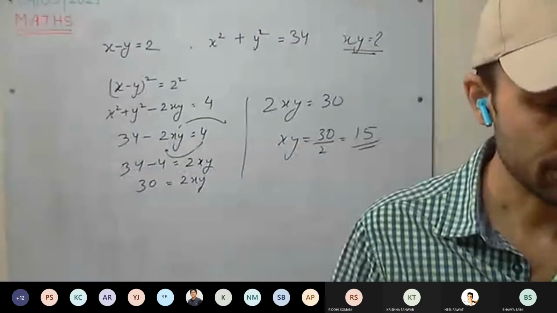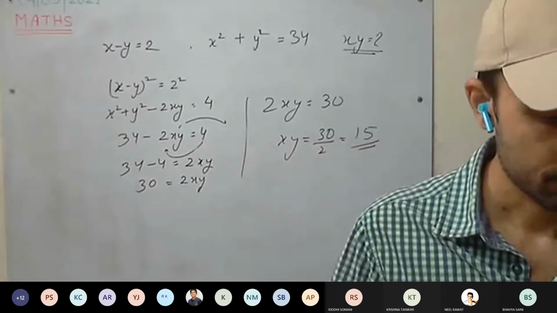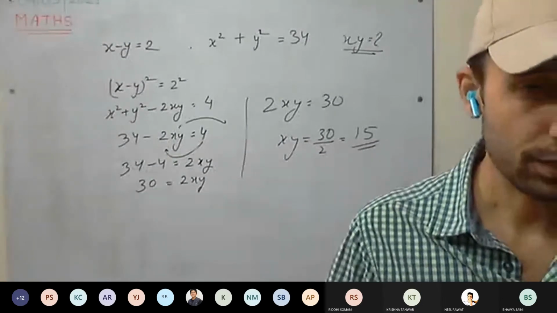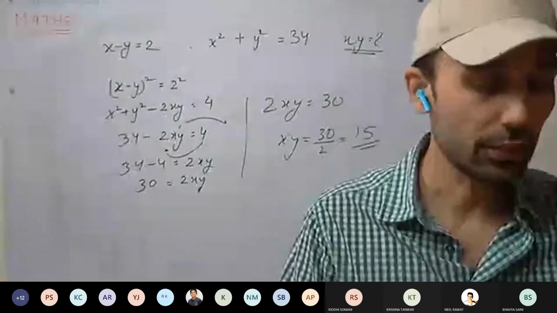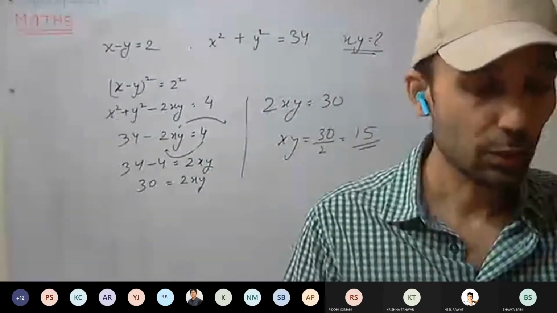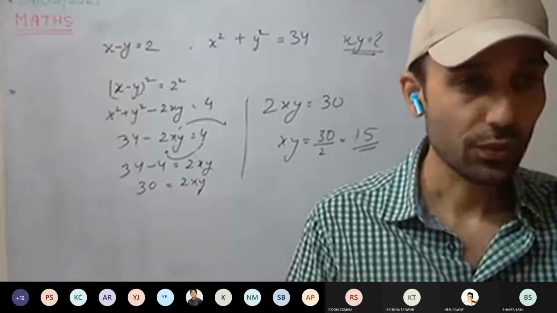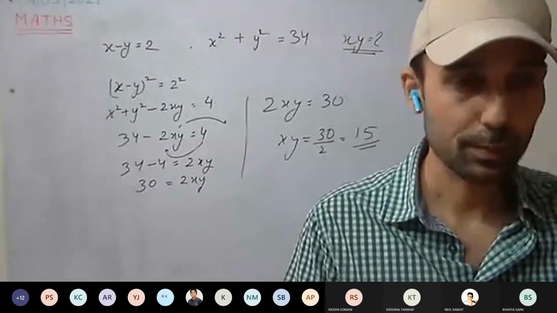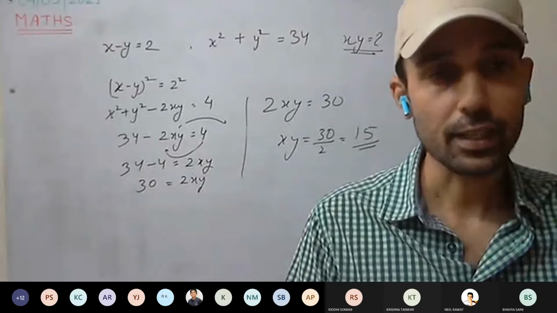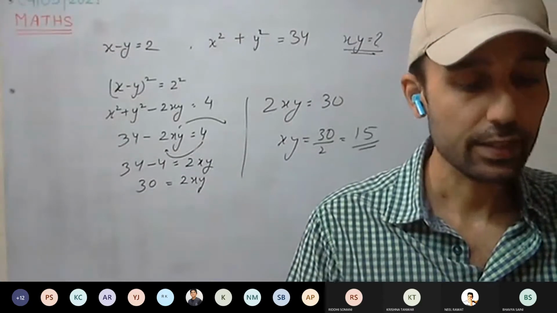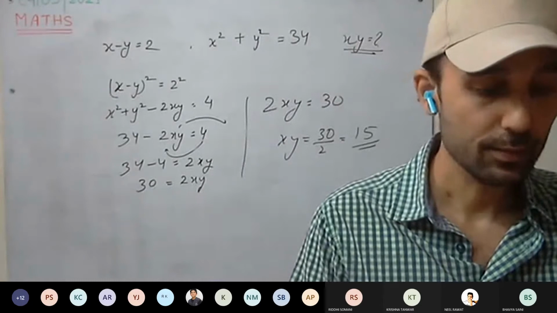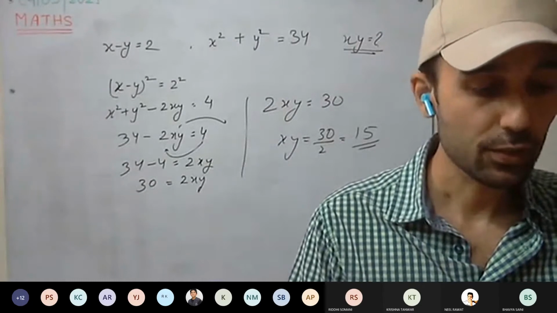Are you having any doubt, anyone? Okay, 16th, do it yourself. I give you 2 minutes. Start solving the 16th one. Read the question. The difference between two positive numbers is 5. So first we suppose those two positive numbers: one we take as x, the other as y. And the sum of their squares is 73. Form the equations. So two equations, two unknowns.